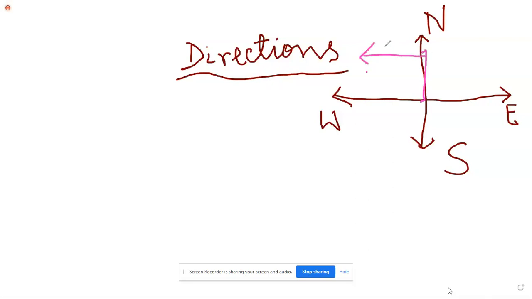This is left. And my right is in the east. Now this looks very obvious, but please understand one thing.